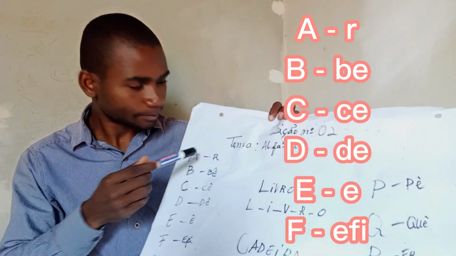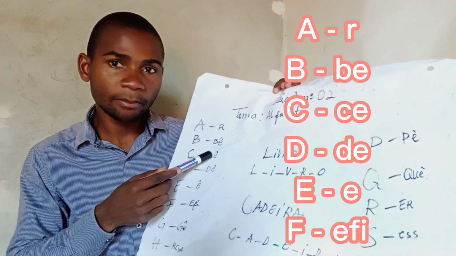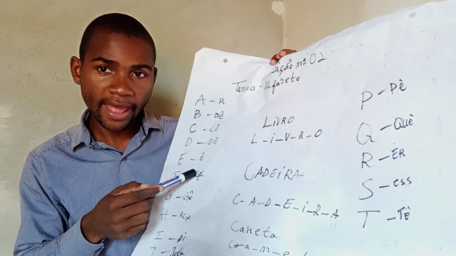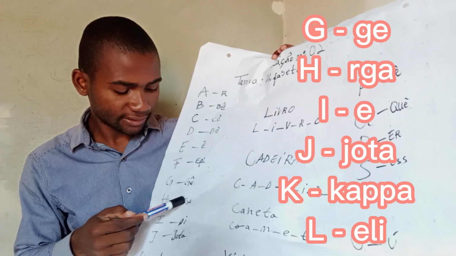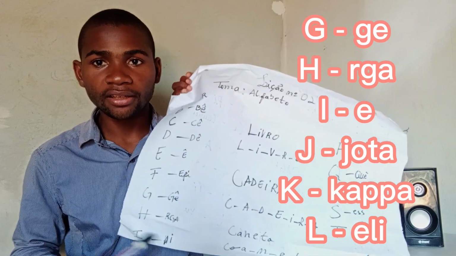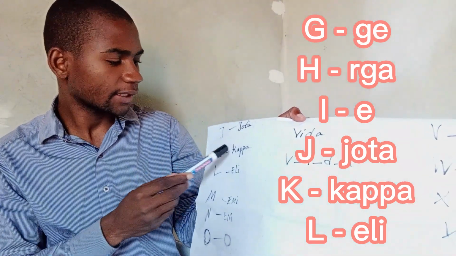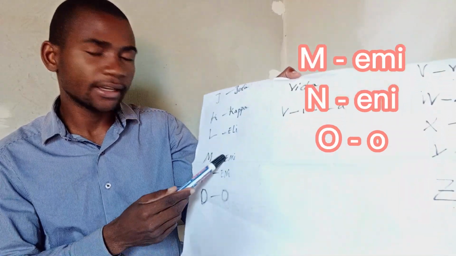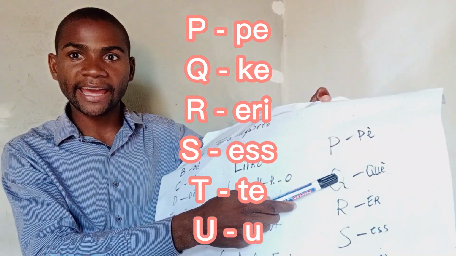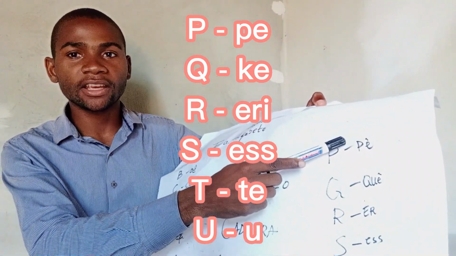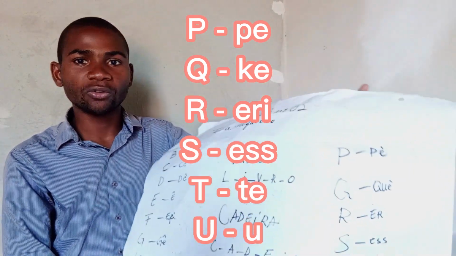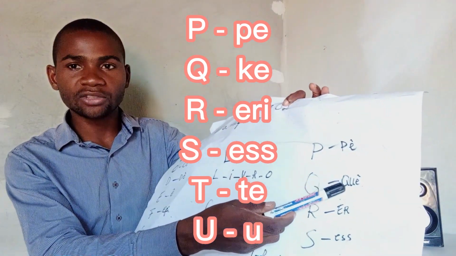Let's repeat again: A, B, C, D, E, F, G, H, I, J, K, L, M, N, O. P is not more P in English; you change it to "pe." Q is not anymore Q. This one is "ke."